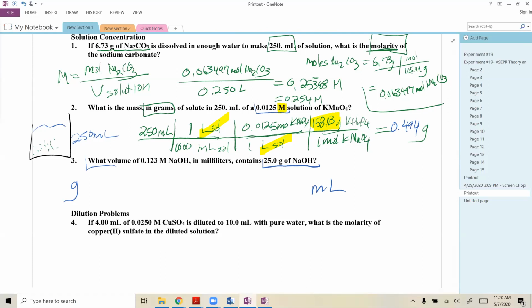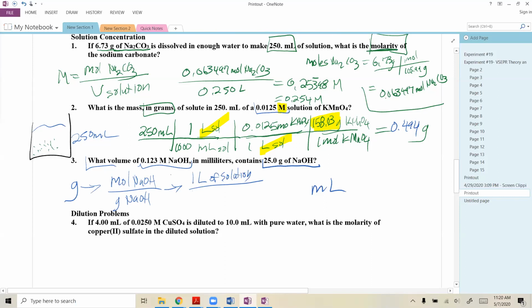So from the grams of sodium hydroxide, we're going to move into moles of sodium hydroxide, because once we're in moles, we can use our molarity to turn that into a volume. Now our volume will be on top, so 1 liter of solution.